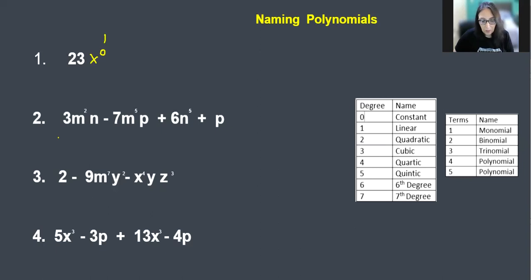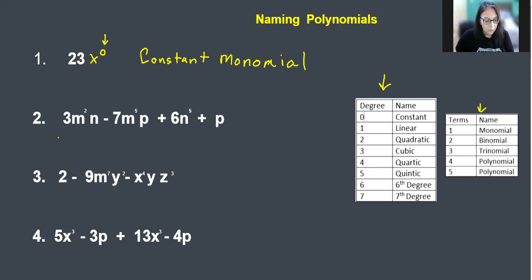So if the biggest exponent is 0, I come over here and I look. If the degree is 0, it's a constant. And there's only one number here, so it's one term. If it's one term, it's called a monomial. So it's a constant monomial. There you go. All right, let's take a look at the next one.